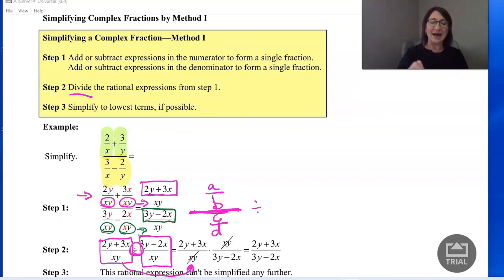I change my division to multiplication. Then the last step is I take my second fraction and I flip it. I take the reciprocal. Keep, change, flip. Once I've done that, I have a multiplication problem. I can reduce. So I reduce an xy with an xy, multiply across. That is my simplified complex fraction.